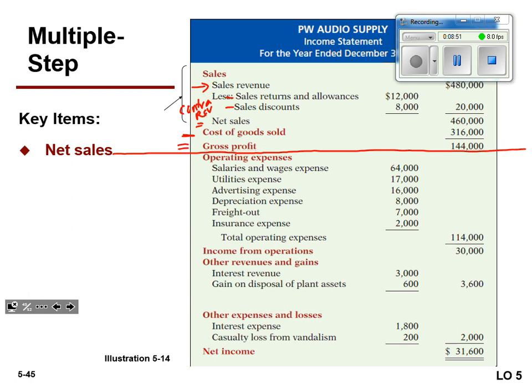Now, the reason this maybe sounds familiar is because this is what we started with. And I'm going to bring you back to that slide in just a moment. But that top portion is taking a look at sales minus, like if they returned stuff or if they paid within their discount period, to equal what's called net sales, subtract off the fact that nothing was free, cost of goods sold or COGS, to finally equal gross profit.